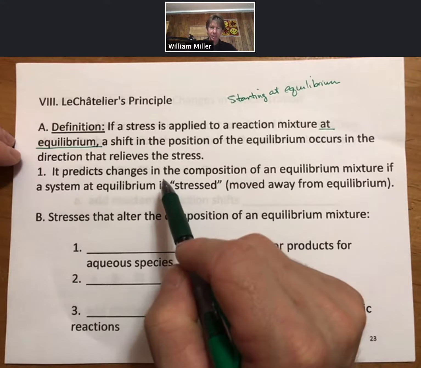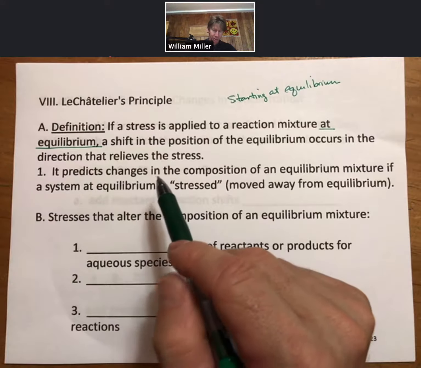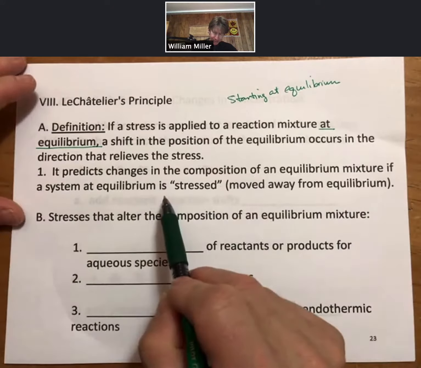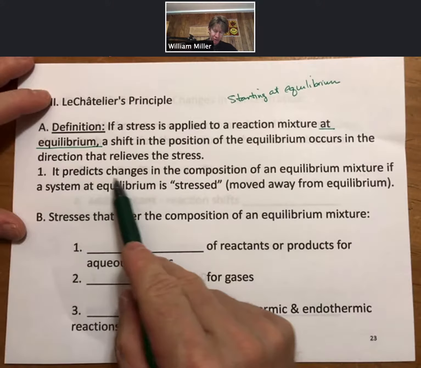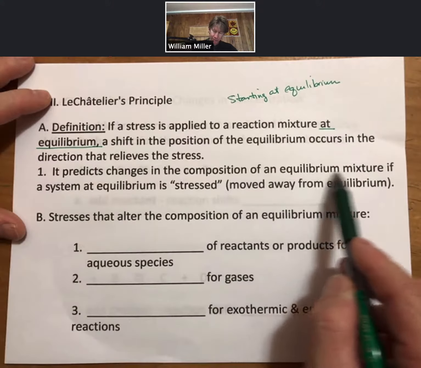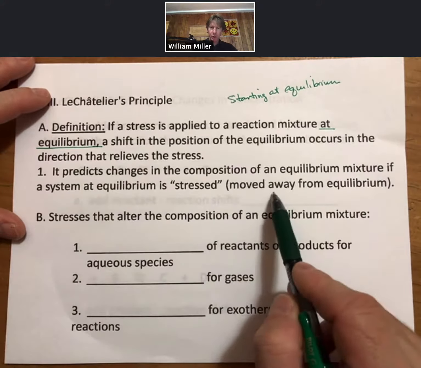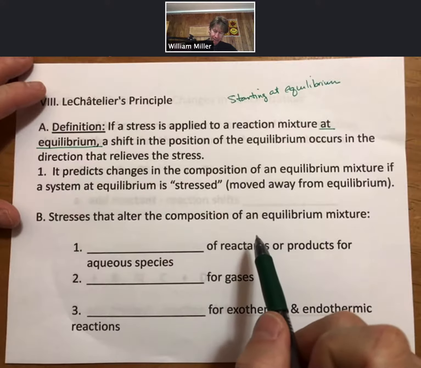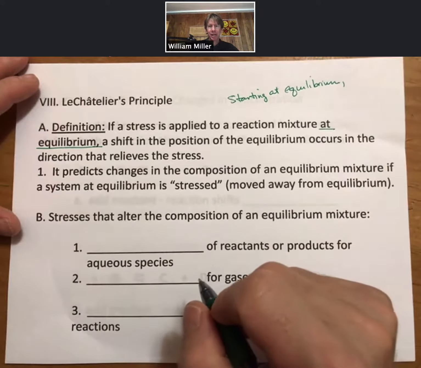So, starting at equilibrium, which way does the reaction have to go to establish a new equilibrium? It predicts changes in the composition of an equilibrium mixture if a system at equilibrium is stressed or moved away from equilibrium. So starting at equilibrium, how does the reaction respond?